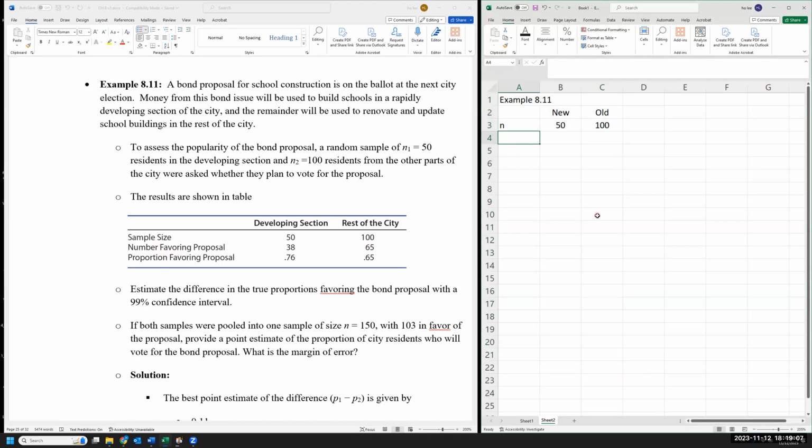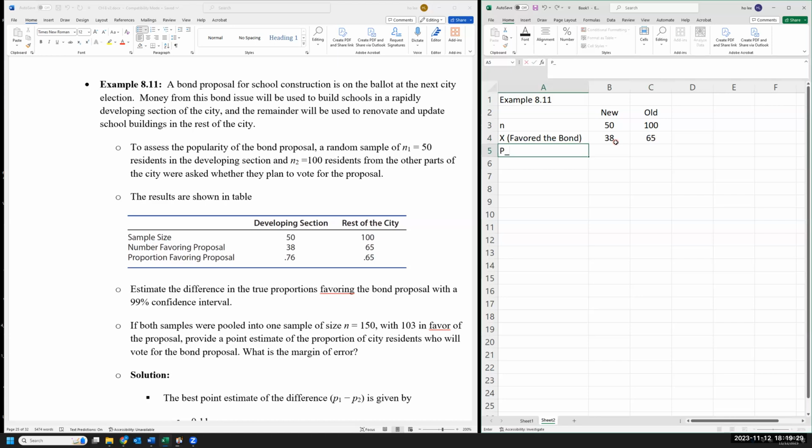And they found the following, where X, we're going to use X for favorable, favored the bond. And we have 38 out of 50 and 65 out of 100.